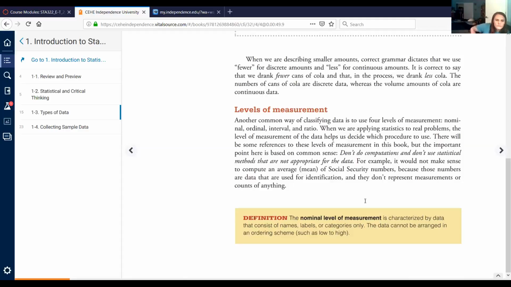What we call nominal data is data that consists of names, labels, or categories that cannot be arranged in an ordering scheme, low to high. Names, we can alphabetize them, we can put them in an order, but there's no natural order of these things.